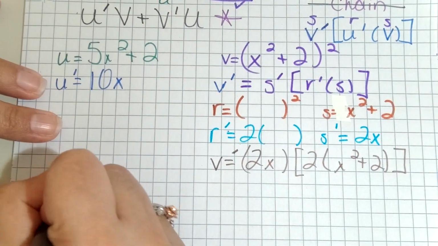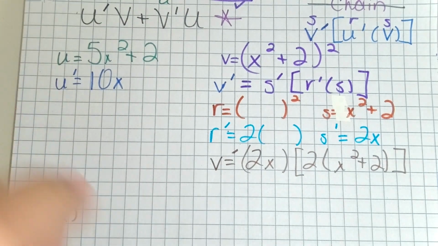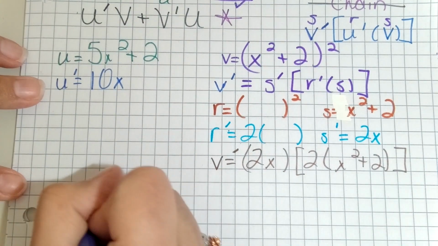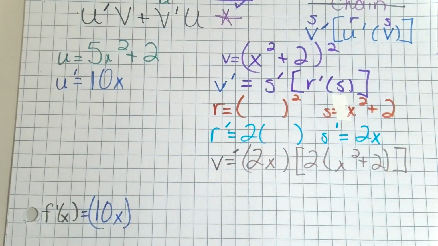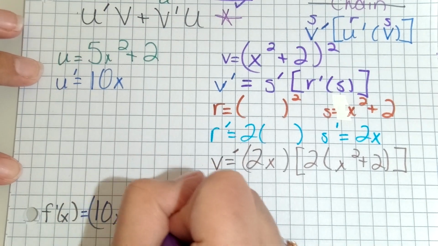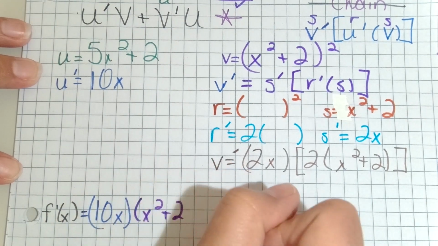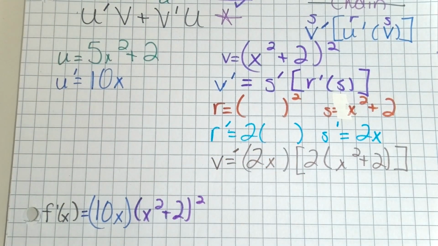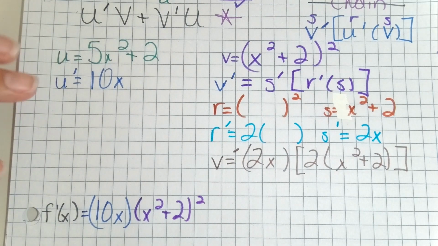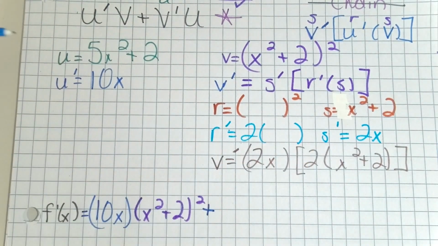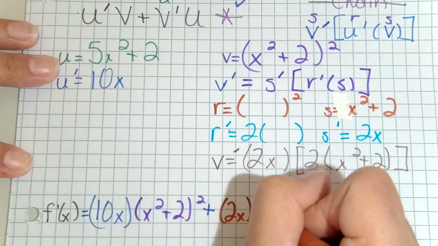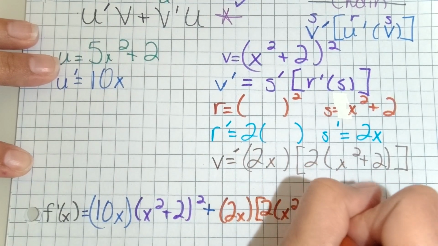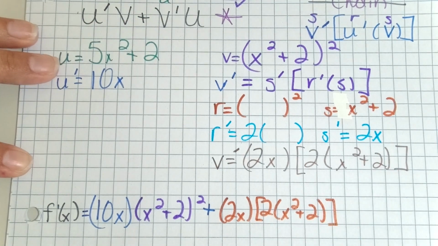So, f prime of x. All right, let's see if I can maintain these colors. I probably will not be able to. 10x times v, x squared plus 2 squared, plus v prime, 2x parentheses 2 x squared plus 2 close parentheses.